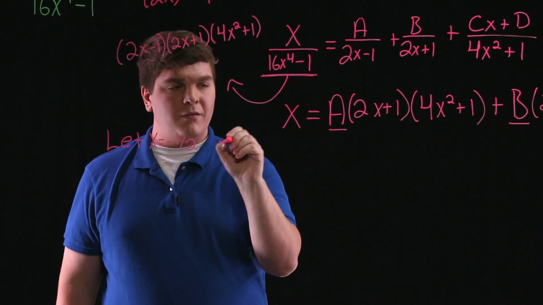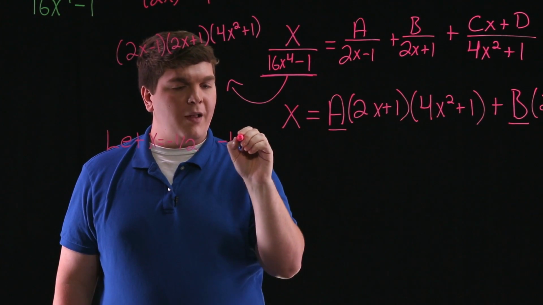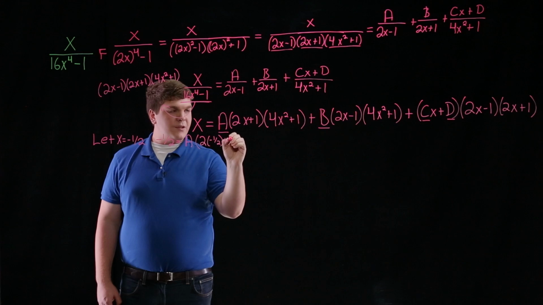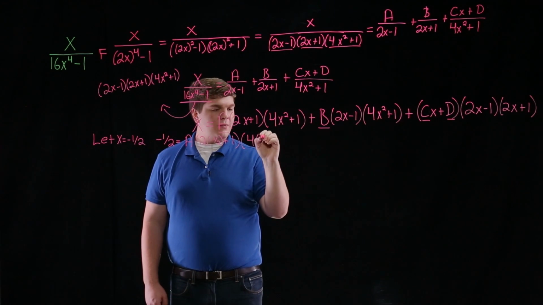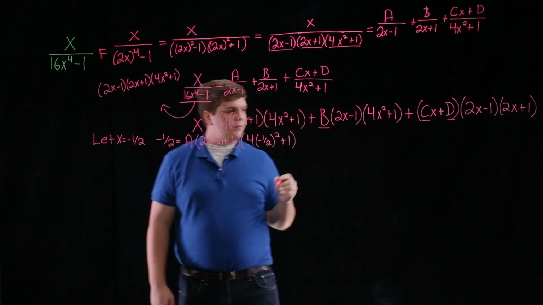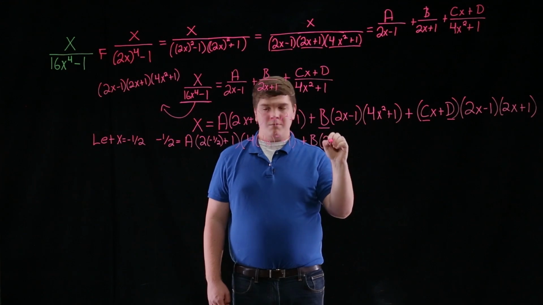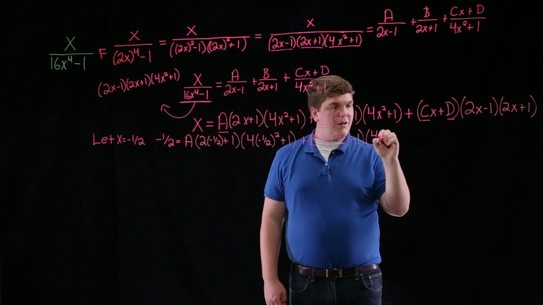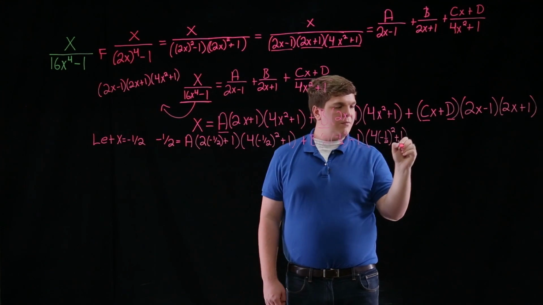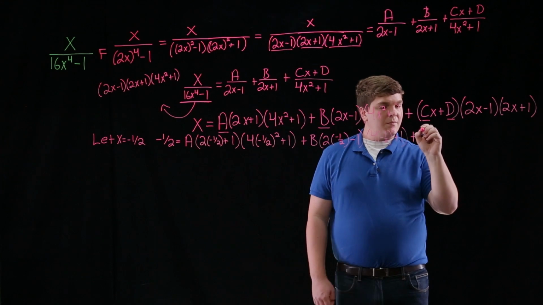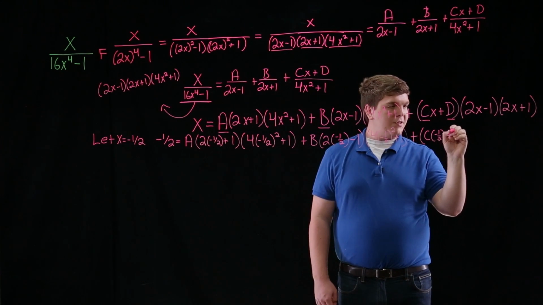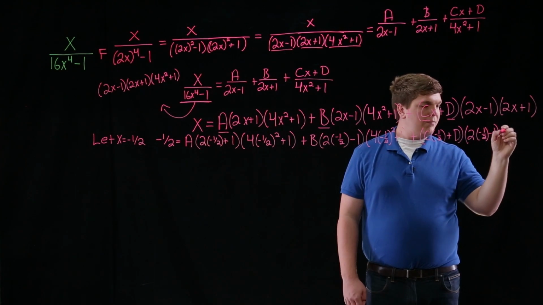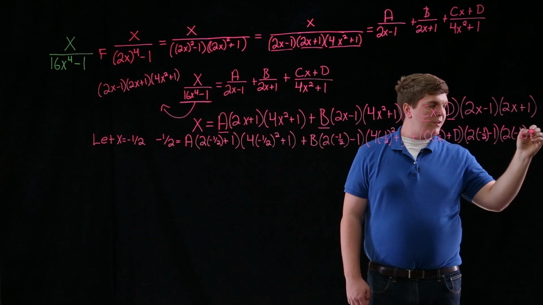If we let x equal negative 1/2, we'll substitute negative 1/2 for all of our x values, and we'll have negative 1/2 is equal to a times 2 times negative 1/2 plus 1, times 4 times negative 1/2 squared plus 1, plus b times 2 times negative 1/2 minus 1, times 4 times negative 1/2 squared plus 1, plus c times negative 1/2 plus d, times 2 times negative 1/2 minus 1, times 2 times negative 1/2 plus 1.